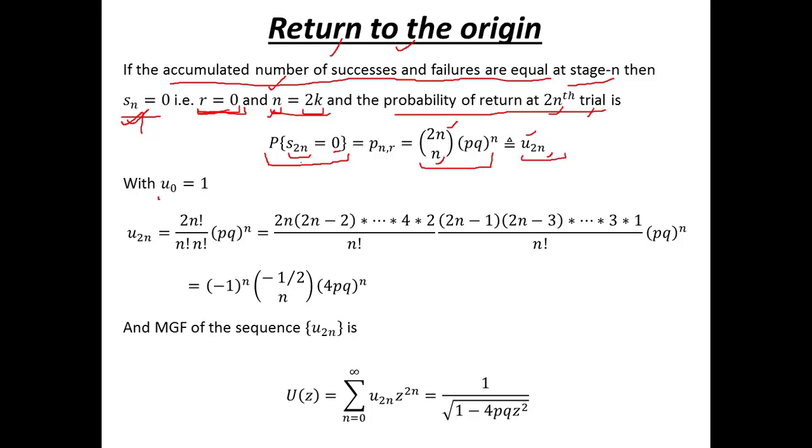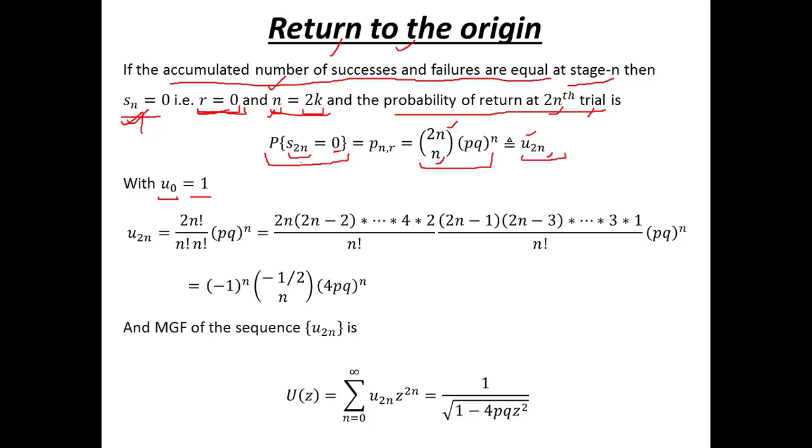Now what will be the value of u0? The u0 value will always equal 1, because before the first trial the particle rests at the origin, that is r equals 0. It means the probability of the particle being at the origin is fixed, equal to 1, because it is certain that before the first trial the particle will be at the origin.